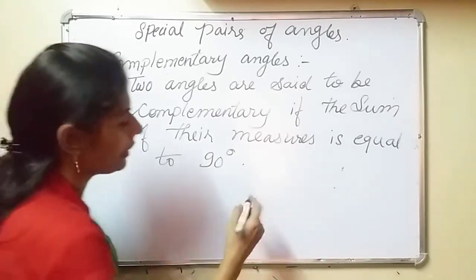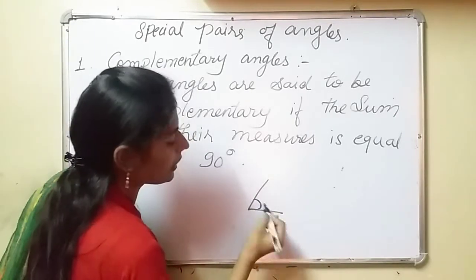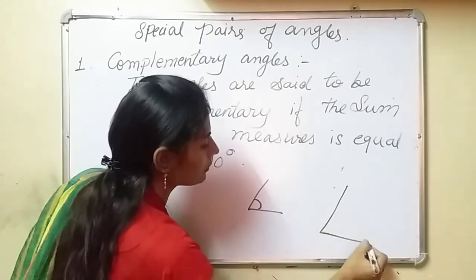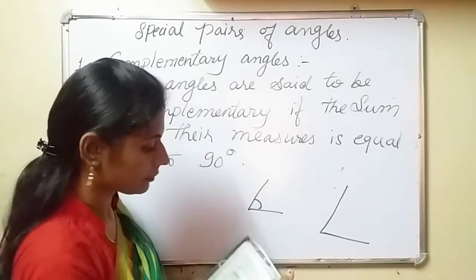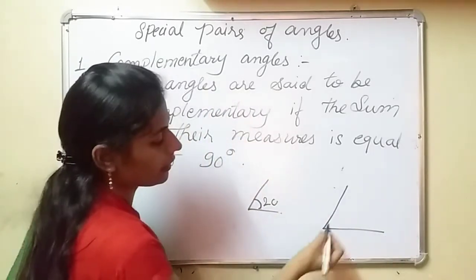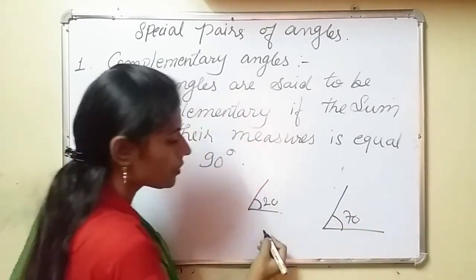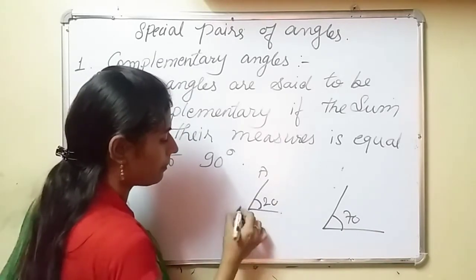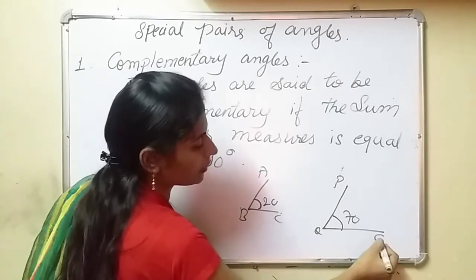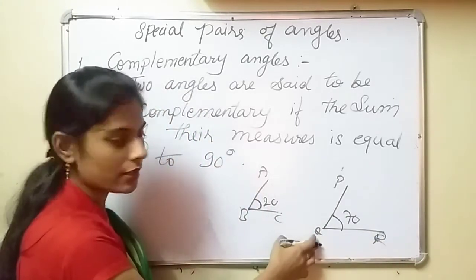See now, two angles means one angle is this and one angle is this. If this angle is 20 degrees and this angle is 70 degrees, so A, B, C, P, Q, R. Okay, these are the two angles given here.